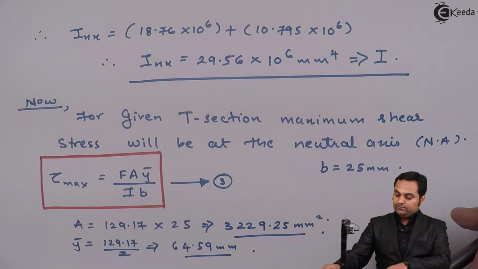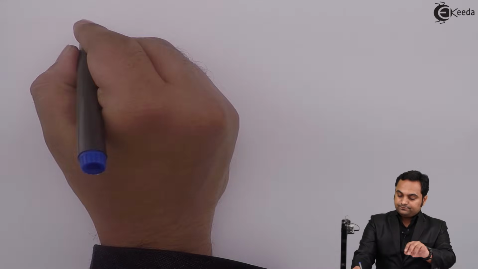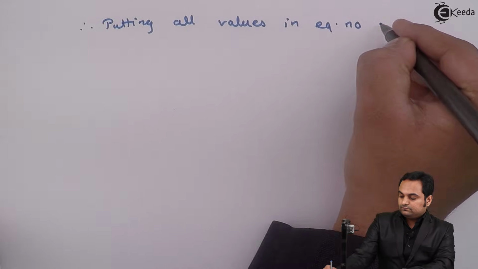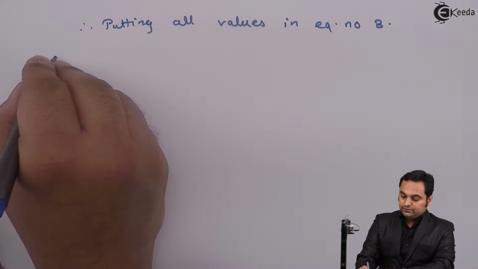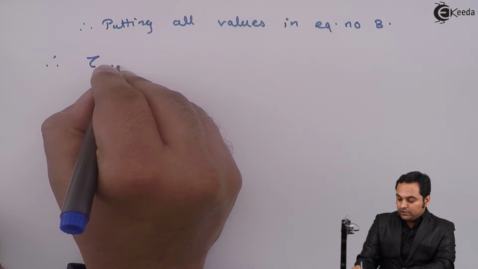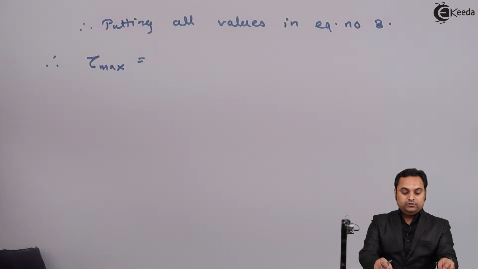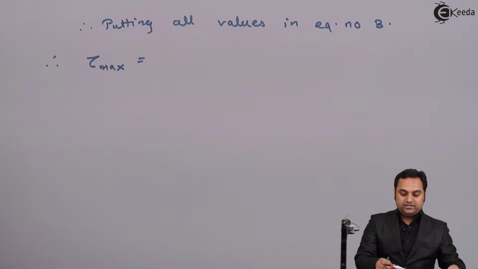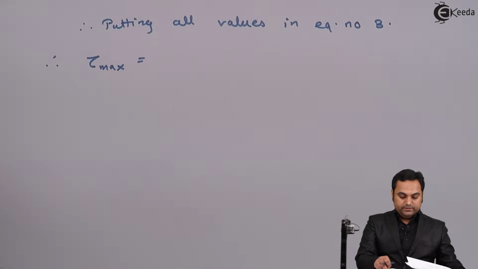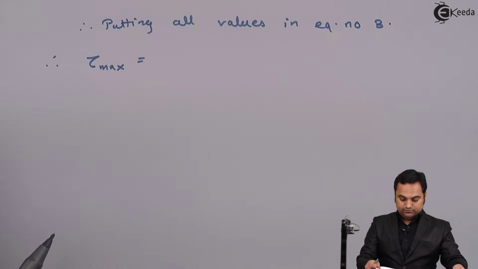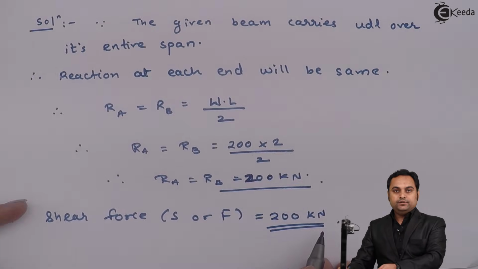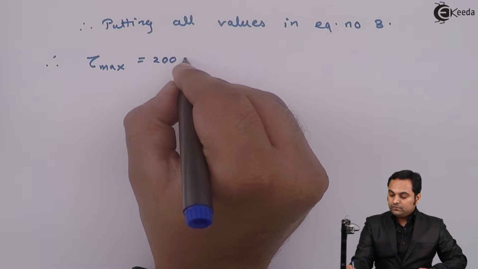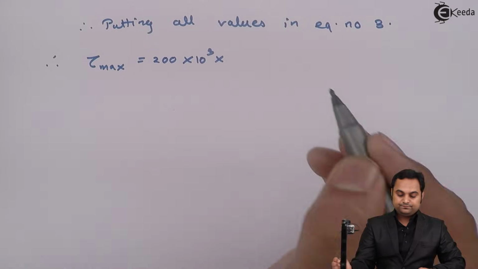So putting all values in equation number third, we have tau max is equal to F, which is the shear force we calculated at the start of the problem, and that shear force was 200 kilonewton, so that becomes 200 into 10 raised to 3 Newton.